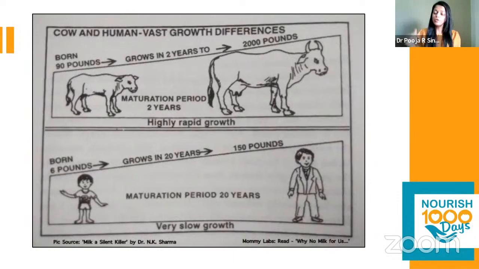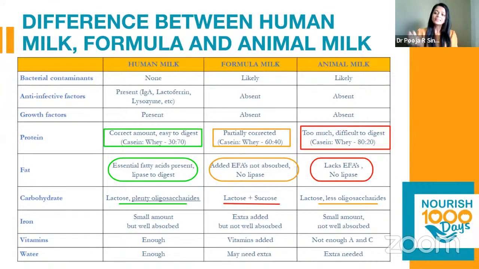So we have a lot of scope for growing in terms of our physical growth over a period of time. Whereas for the cow, there is only a 2 year period for achieving maximum full size. So here is an increase in size that's happening through the cow's milk, and for that the cow's milk has a certain amount or quality of protein which is very good for this kind of growth.